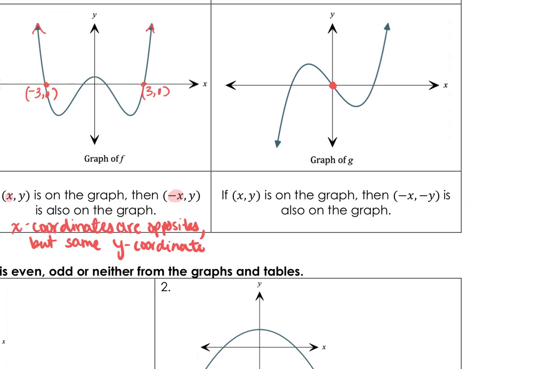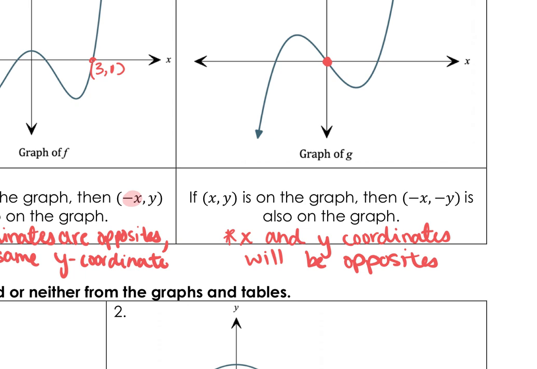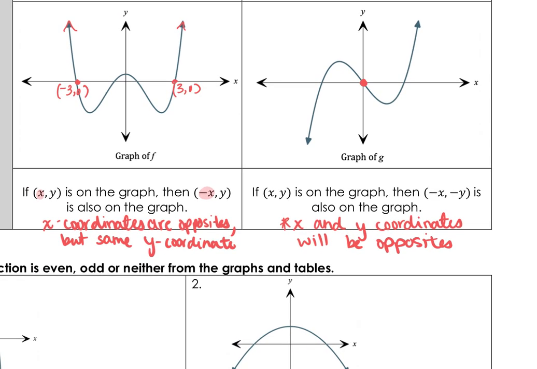So both x and y coordinates will be opposites if it is an odd function, okay? So the x and y coordinates will be opposites if it's odd.